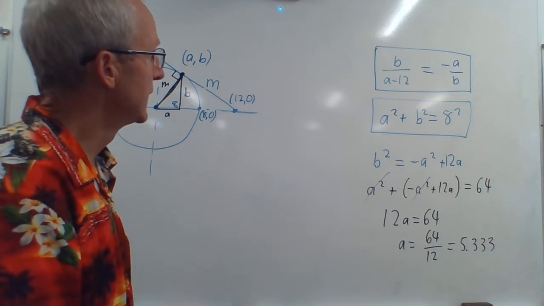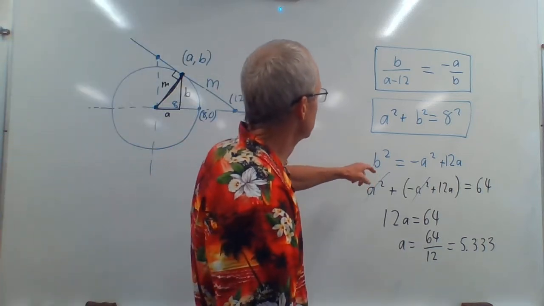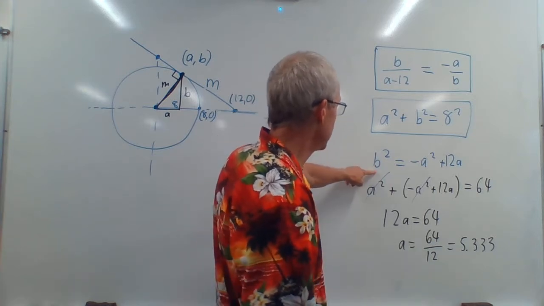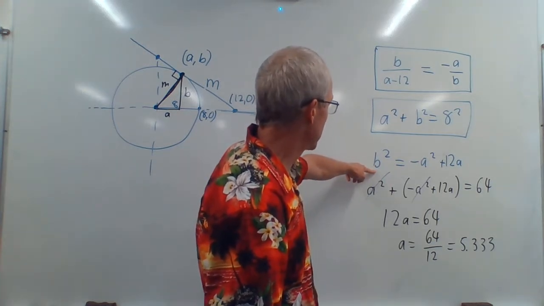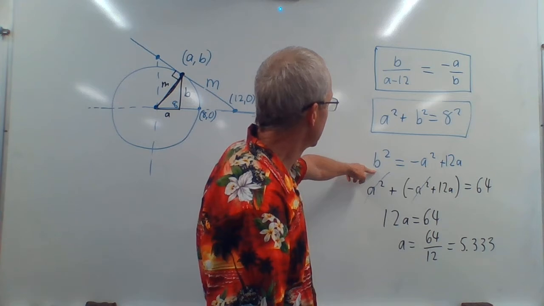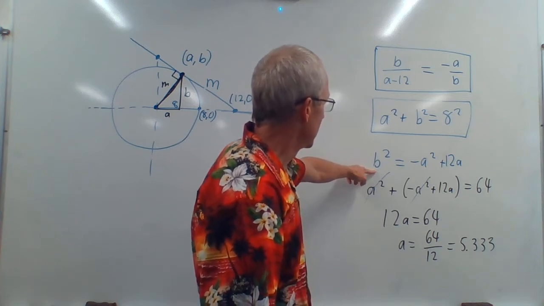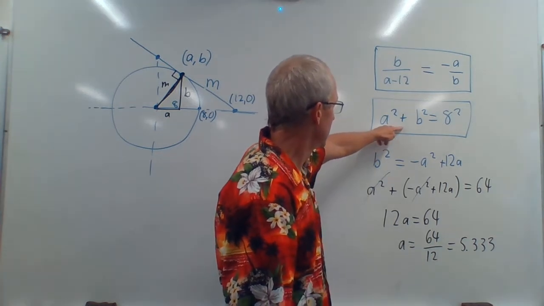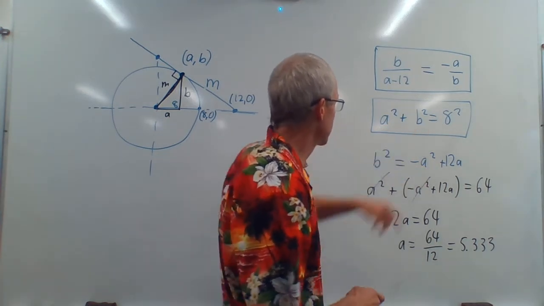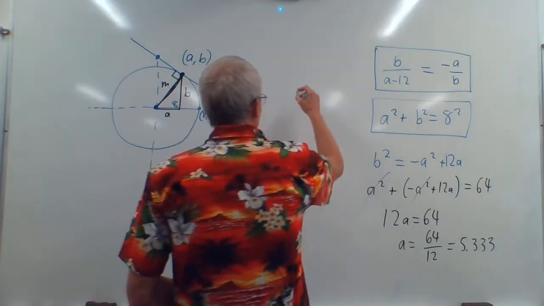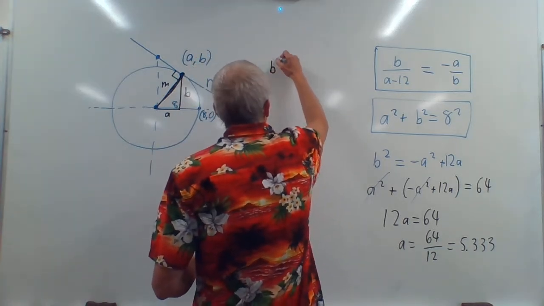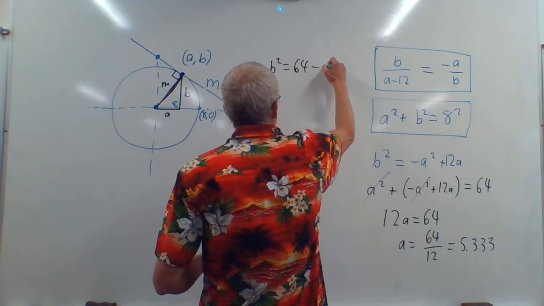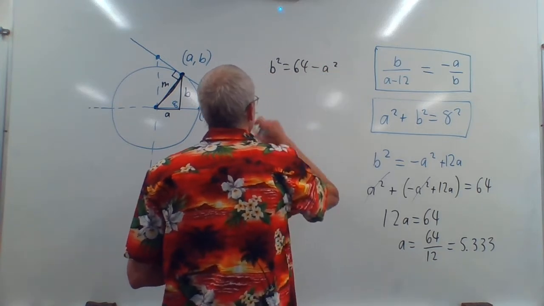Now B, we can use this equation. Then we got to square things, and there's no better way to do it. So we could use this one. Then we know the 12a. Okay, let's use this to find B. So B squared is 64 minus a squared.